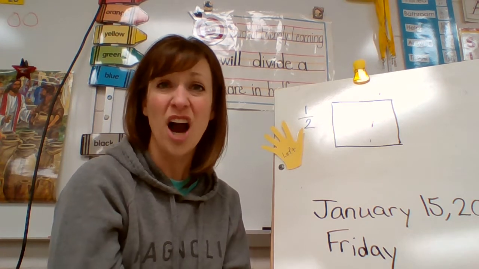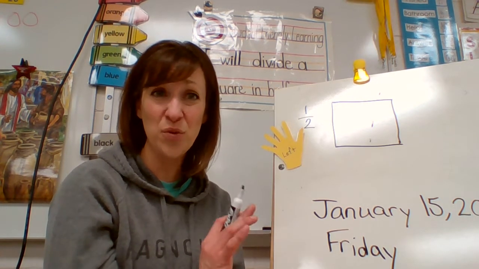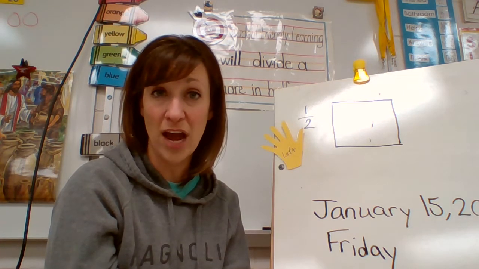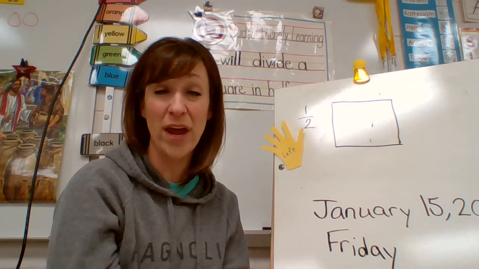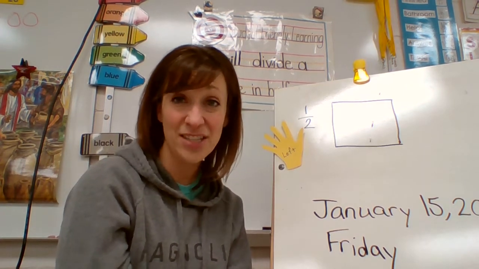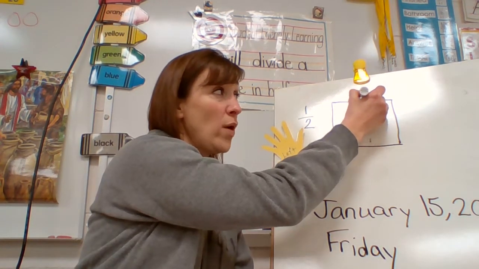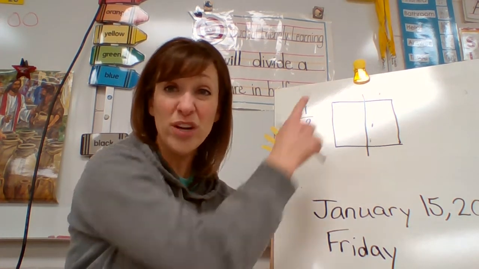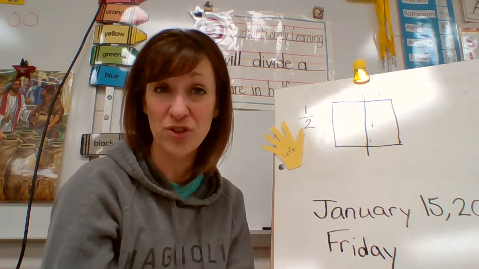Okay, so our student-friendly learning target had a few things we needed to break down first. Let's look at our square now. We need to come up with some ways that we could divide this in half. One of the ways to divide it is one of the ways that we've talked about before when we talked about symmetry. You can draw that line. If I draw it, you can draw it.